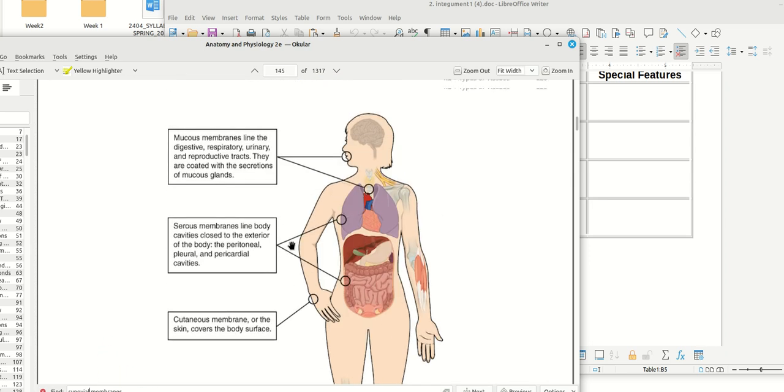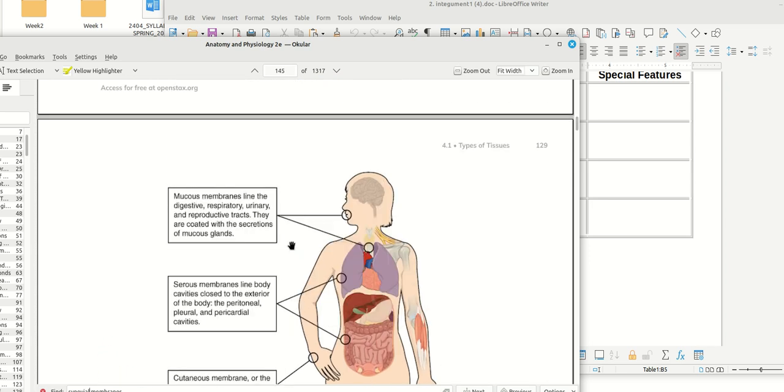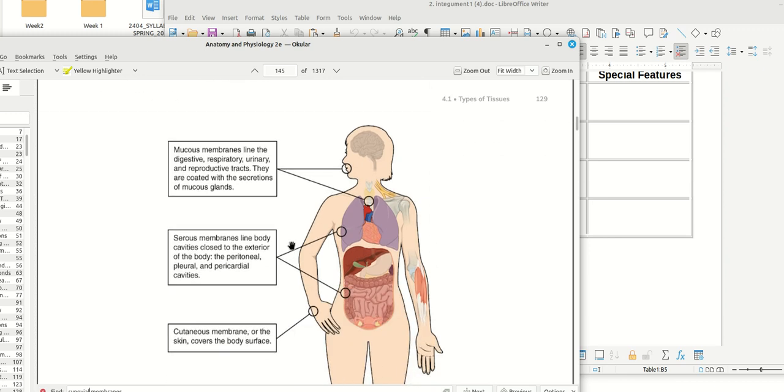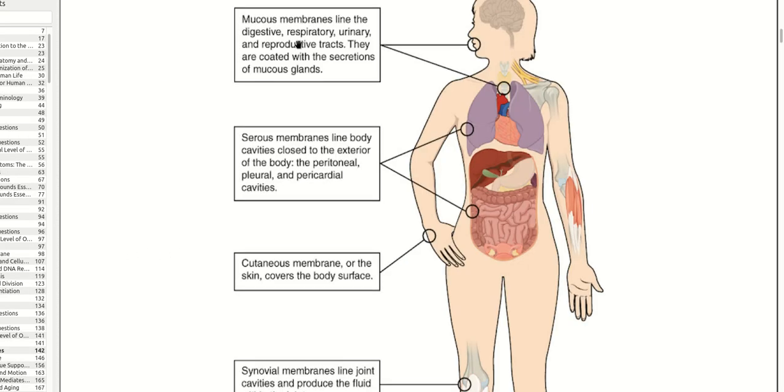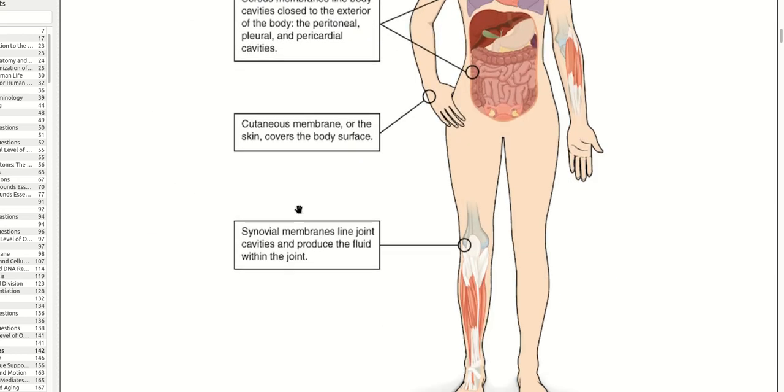Almost all of these membranes are connective tissue. But what are they going to do? Actually, here's a really good picture. Maybe this is where you can get most of your answers. This is where the mucous membranes, the serous, cutaneous, and the synovial are. So membranes that line the joints and cavities and produce a fluid. All right, so there's your special feature here.